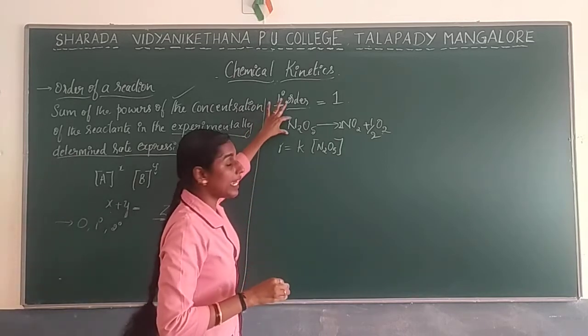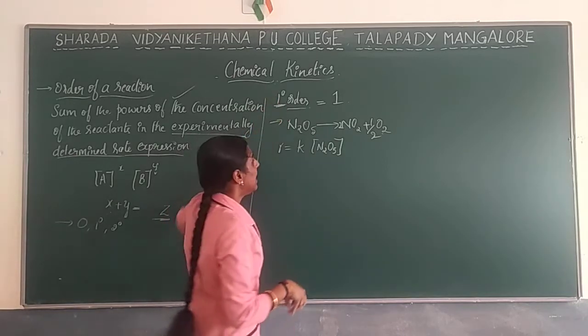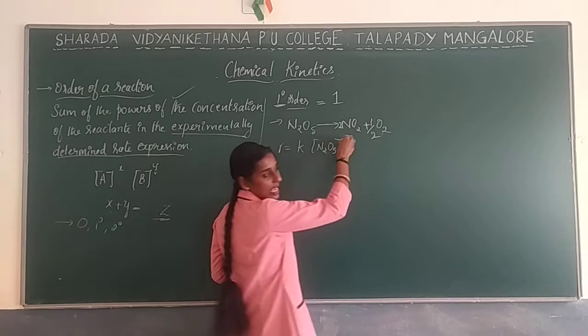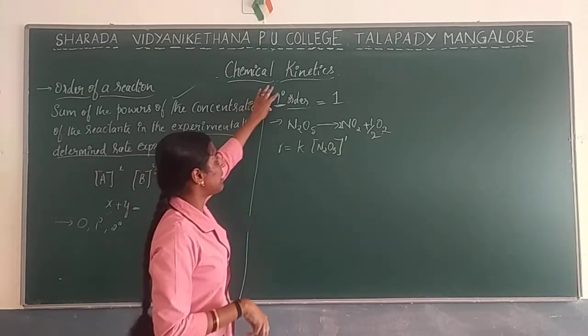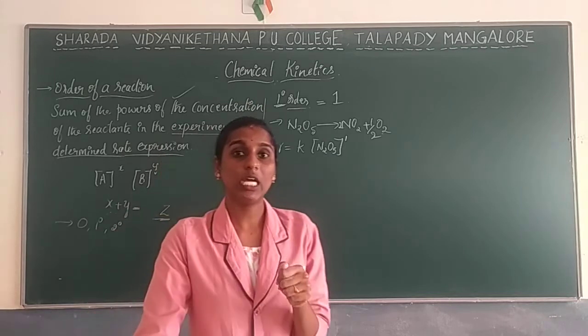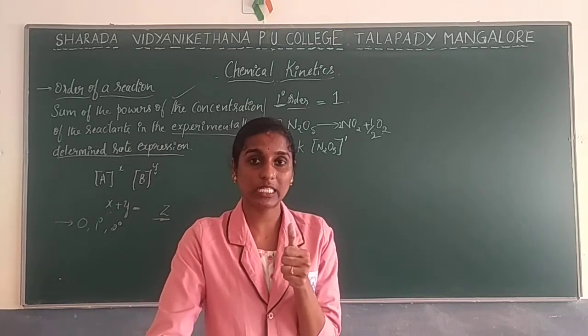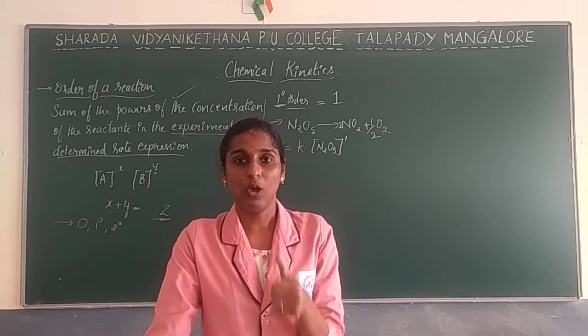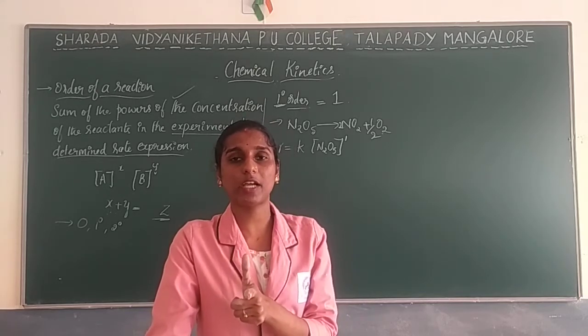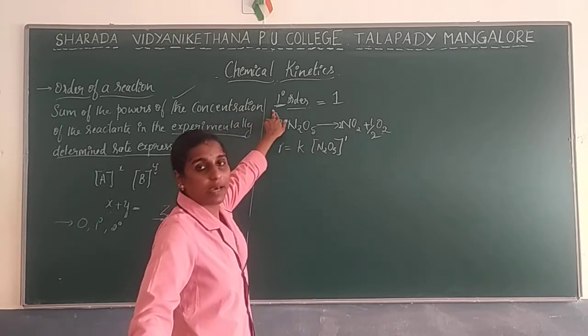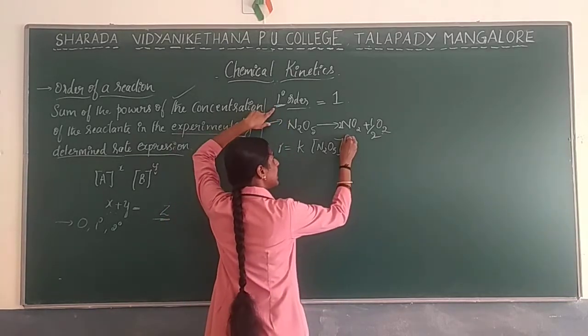When you determine it experimentally, you will get the value as 1. Remember, primary order, in the sense most of the dissociation reactions. See, this is very important. Most of the dissociation and decomposition reactions will undergo primary order of the reaction. You will get the value as 1.